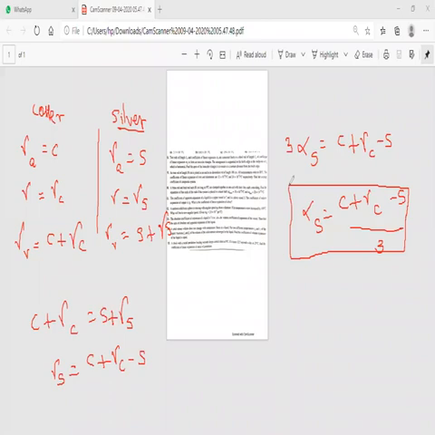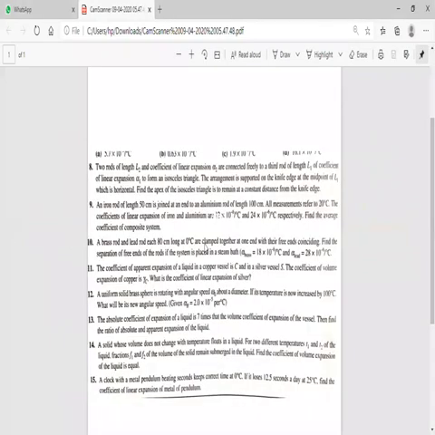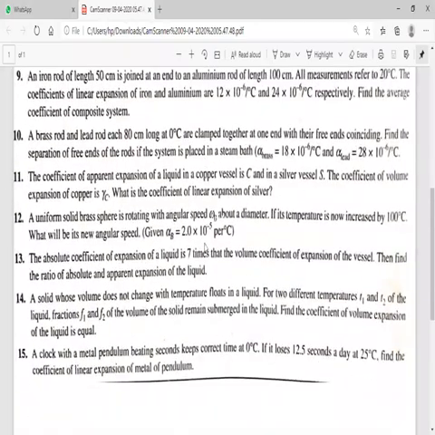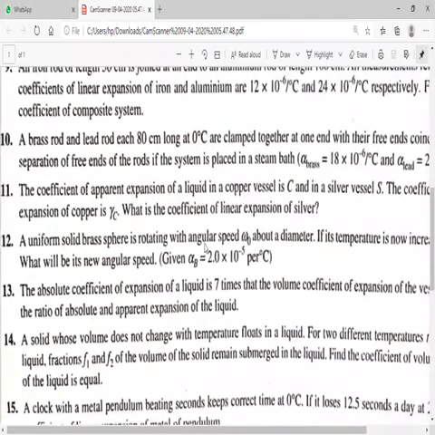And now come to question number 12. A uniform solid brass sphere is rotating with angular speed omega naught about a diameter. A solid sphere is given which is rotating about its diameter.